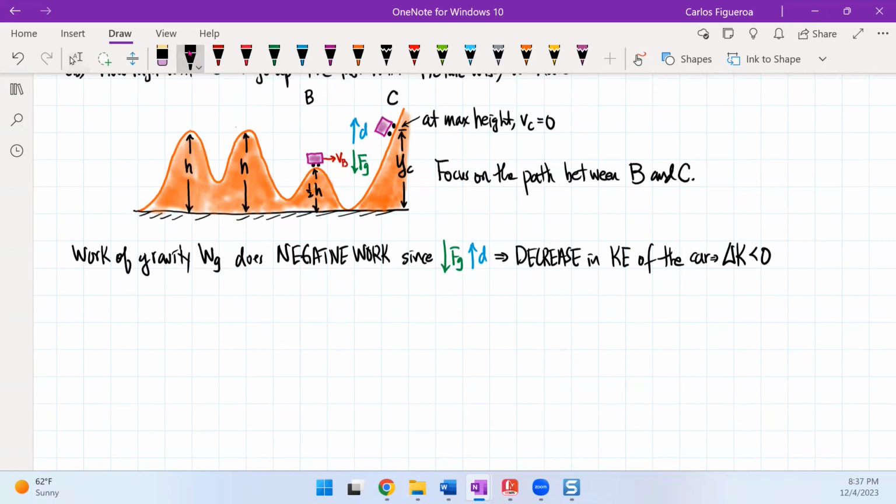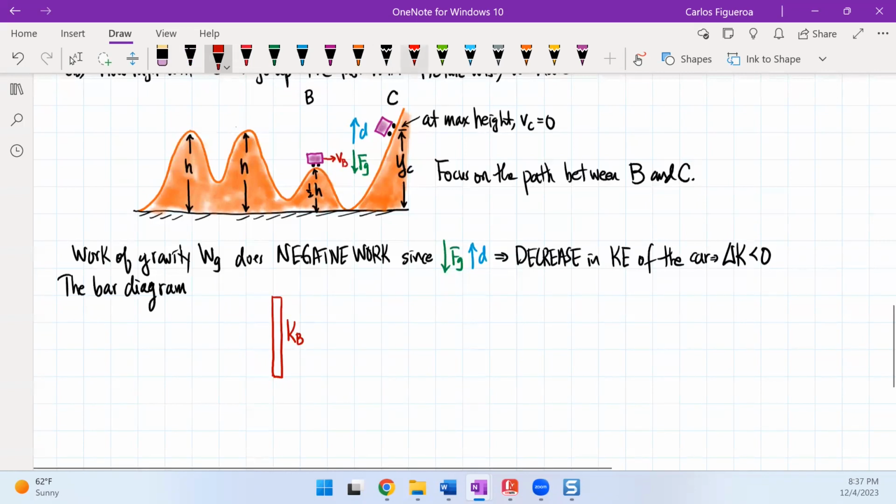So now, the bar diagram says I start off with this amount of kinetic energy. Let's say I have that amount of kinetic energy right here, and this is the kinetic energy at B. So now, what does gravity do?